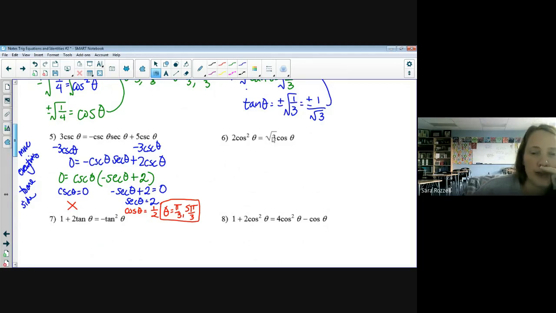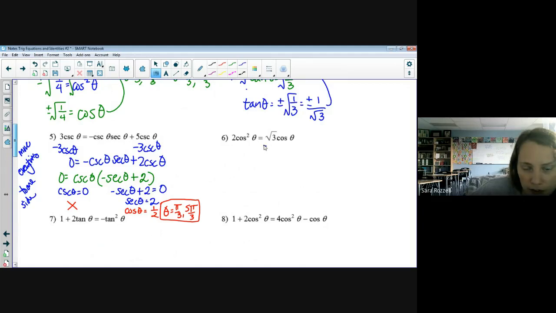Okay. All right, so I have the same trig function, but one's squared and one's not squared. So I can't just combine them together. I need to move them all to one side, and I'm going to see if every term has something in common. I'm going to try to factor that out. Does it look like every term's going to have something in common? Yep, and I think that's going to be a cosine.